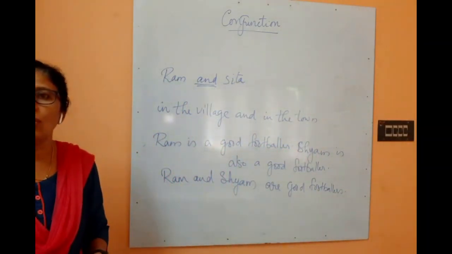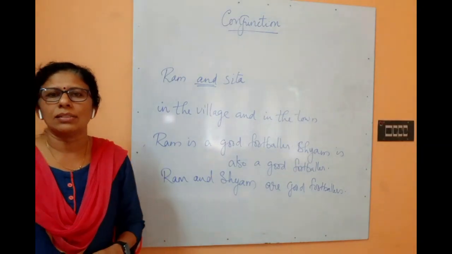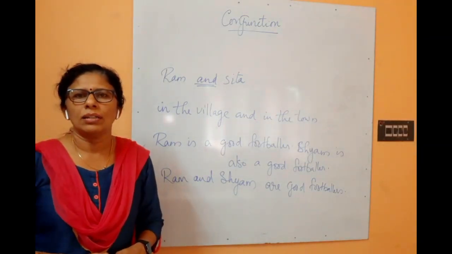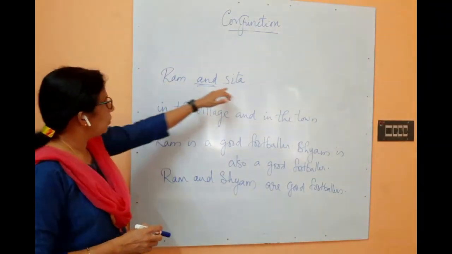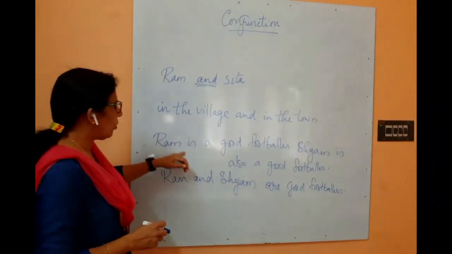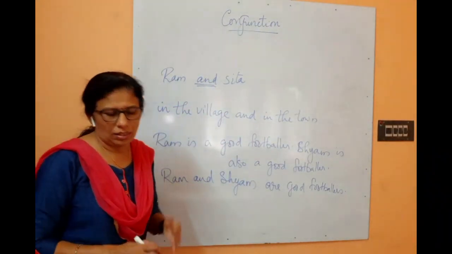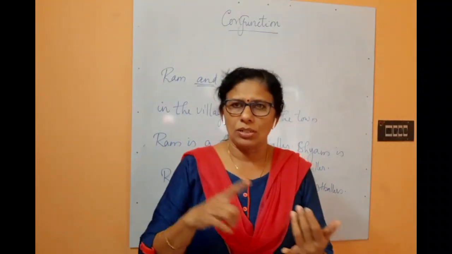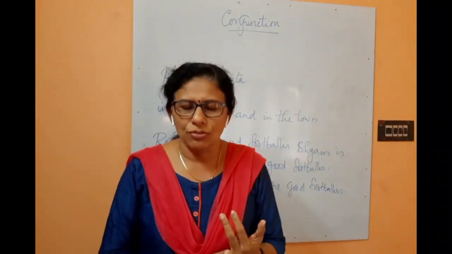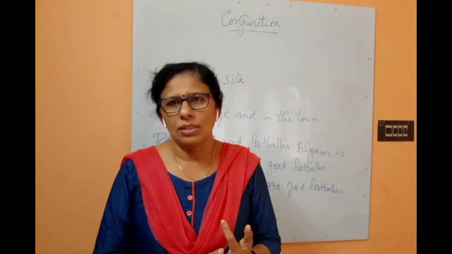Understood? This is how we can combine the sentences by joining two words, two phrases, or even two sentences. That is the main purpose of a conjunction: it combines two words, two phrases, or even two sentences.